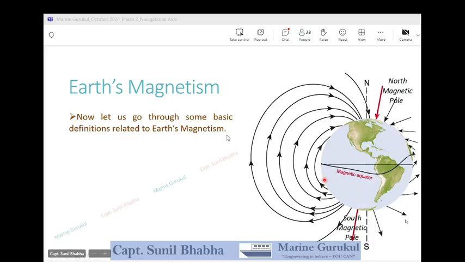And as you go further and you come close to the equator, now at the equator, you will see that the magnetic field line's angle of cut becomes 0. The angle of cut was 90 at the pole. Coming close to the equator, the angle starts to reduce, and at the equator, the angle becomes 0. Angle becoming 0 means that these magnetic field lines are parallel to the Earth's surface.